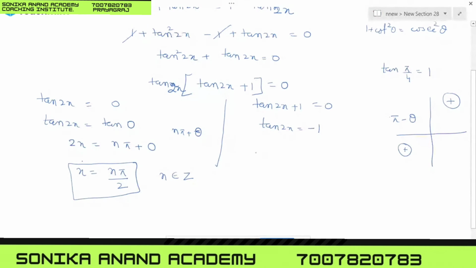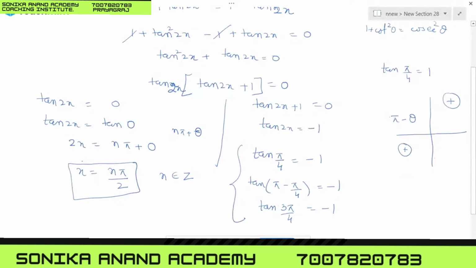So we write tan pi by 4 is equal to 1, that is pi minus pi by 4, is equal to minus 1. So it becomes tan 3 pi by 4 is equal to minus 1.